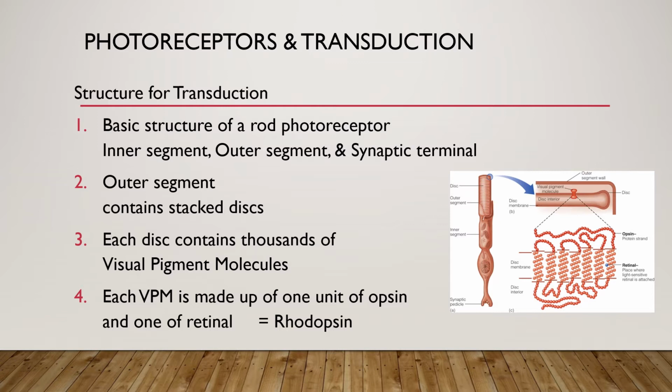So each visual pigment molecule is made up of 1 unit of opsin and 1 unit of retinol. For the rods, those two things together are called rhodopsin, where rhod, R-H-O-D, is for red, and we'll see in a minute that it has this reddish appearance. That retinol is actually the molecule that is doing the absorption of the photons of light.